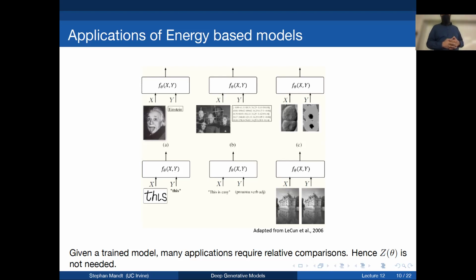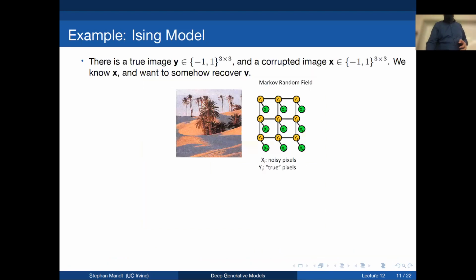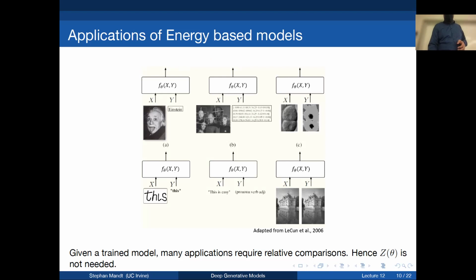Here's an older paper from Yann LeCun in 2006, where these models were shown to perform well at tasks in which you compare different data points together. For example, you can associate images with text, or handwritten text with written text, and many different things. Those were early applications of these models.